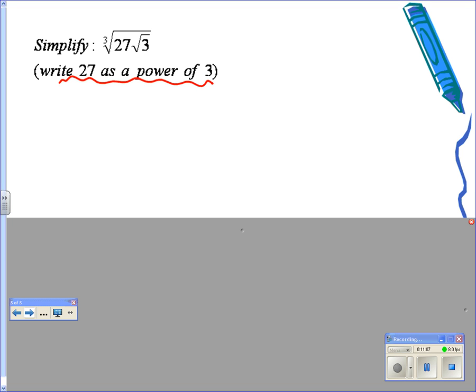Can you write 27 as a power of 3? 3 to the what is the same thing as 27? So instead of 27, you can write 3 cubed. Now, do they have the same base? Does that make sense? So what they're doing is adding one step where you have to change them to have the same base.